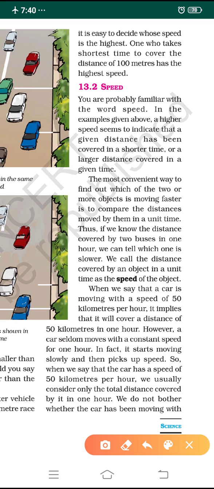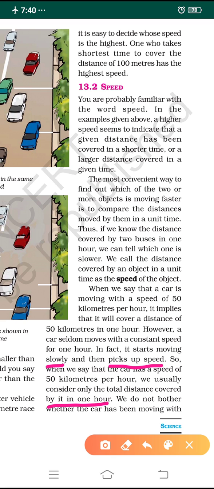However, the car does not move with a constant speed for an hour. In fact, it starts moving slowly initially, then picks up its speed. So when we say that the car has a speed of 50 kilometers per hour, we usually consider only the total distance covered by it in 1 hour.